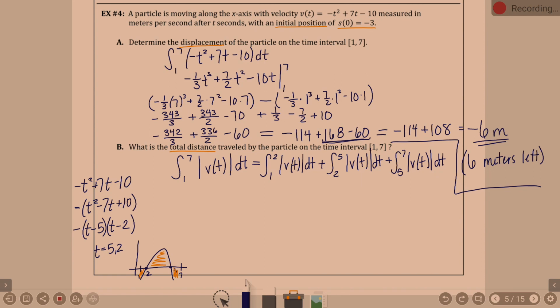So if you put in the calculator the integral from 1 to 2, we're going to have to do this piece by piece, and what we're doing is negative x squared plus 7x minus 10. Okay, so there's the integral from 1 to 2. And I have them in fractions in my notes.